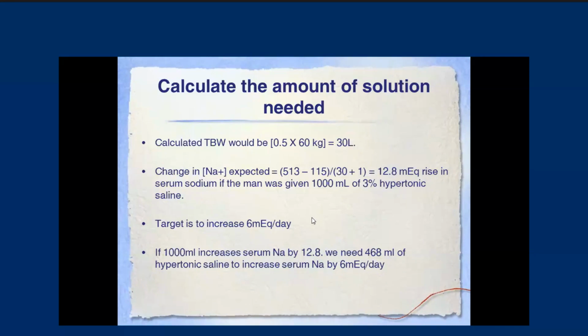And this formula also doesn't incorporate the other cation, potassium, which also affects water movement during therapy of sodium.